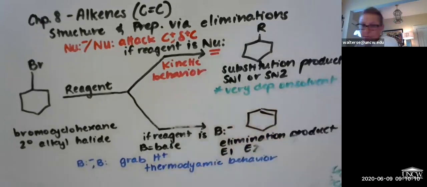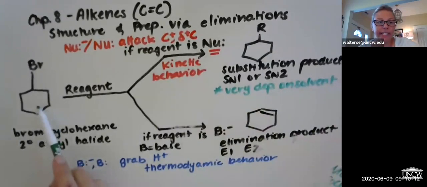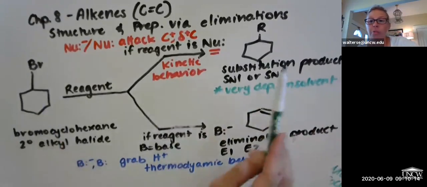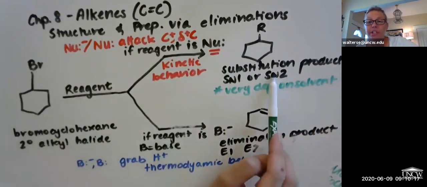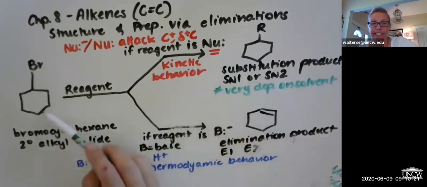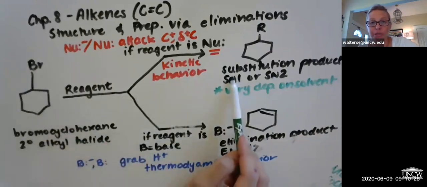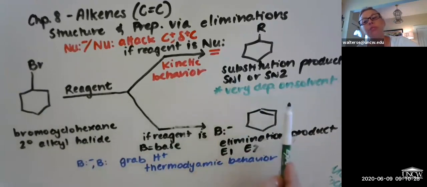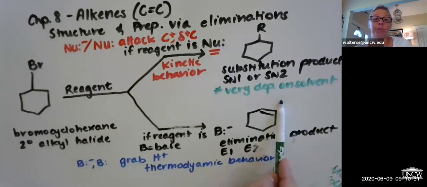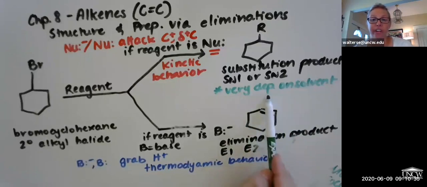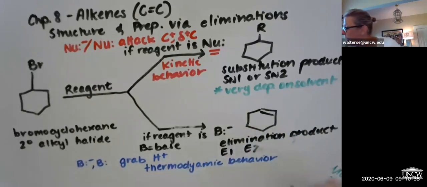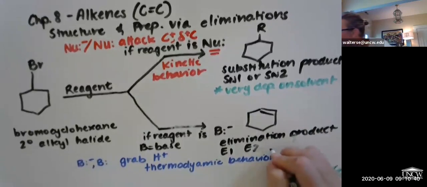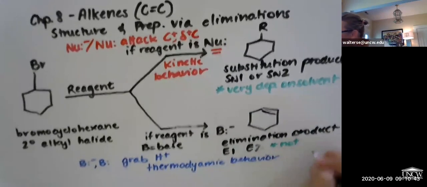So in this secondary substrate, if you want an SN2 reaction to take place, then you have to use a polar aprotic solvent. For the secondary substrate, if you want SN1, you have to use polar protic. So if you use the wrong solvent, the reaction won't proceed in the way in which you are planning it to. So they're very dependent on the solvent. Eliminations, these are not picky about solvent.